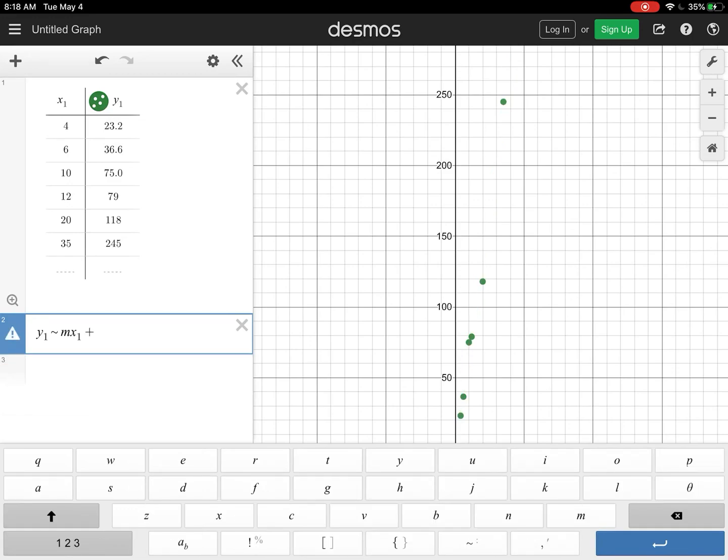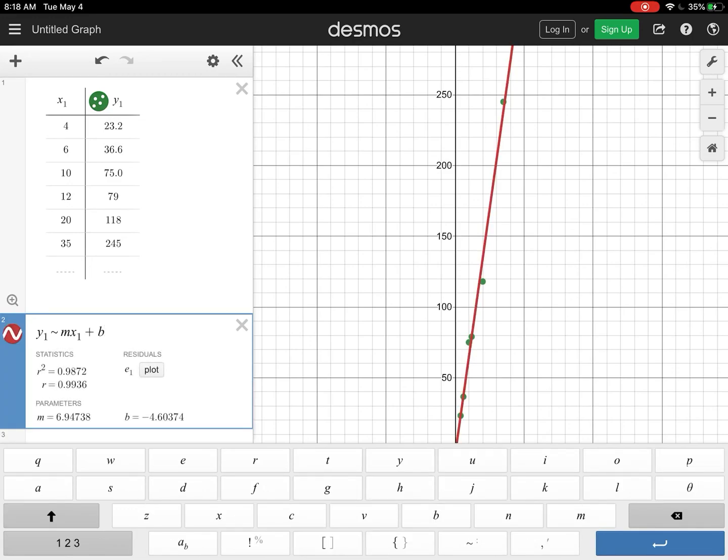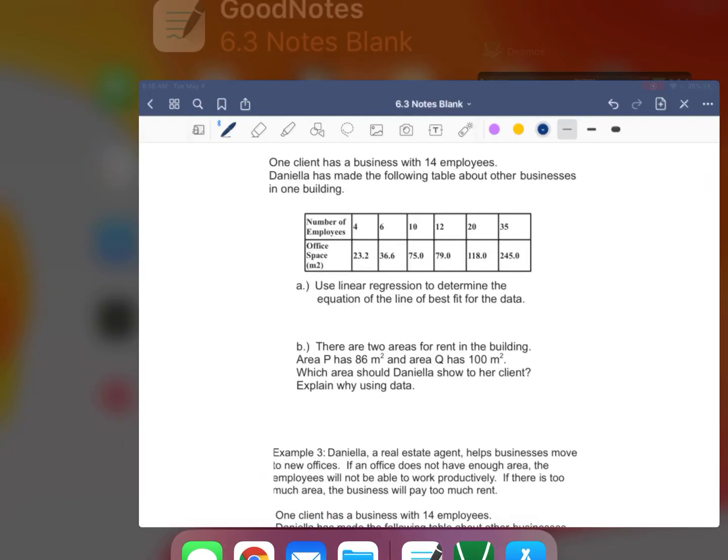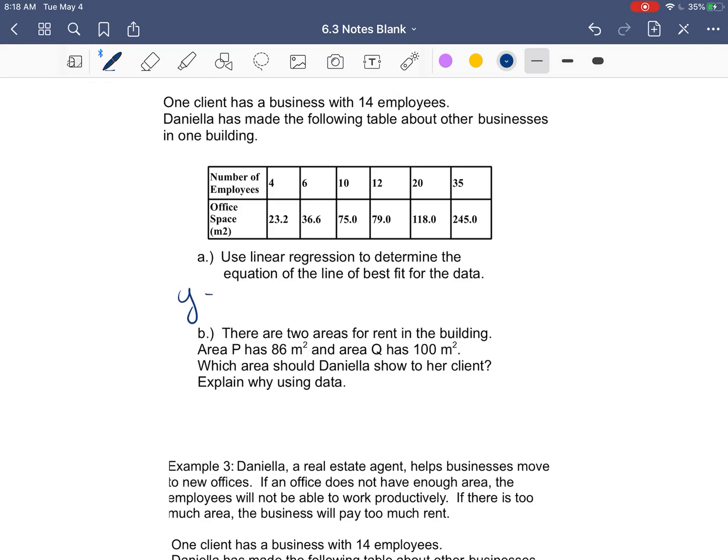There we go. There's my m, there's my x. So y equals 6.9474x minus 4.6037.